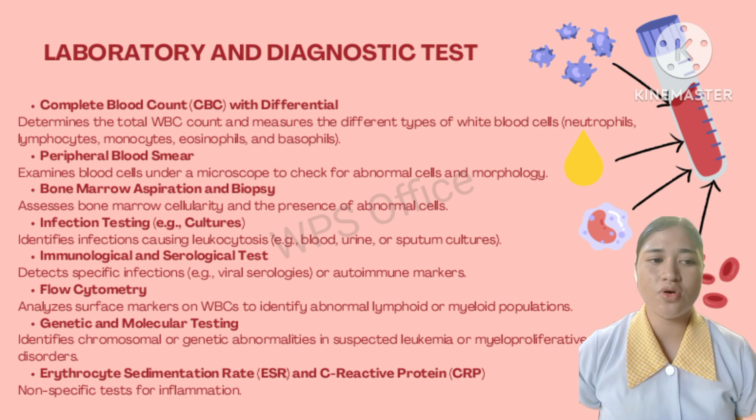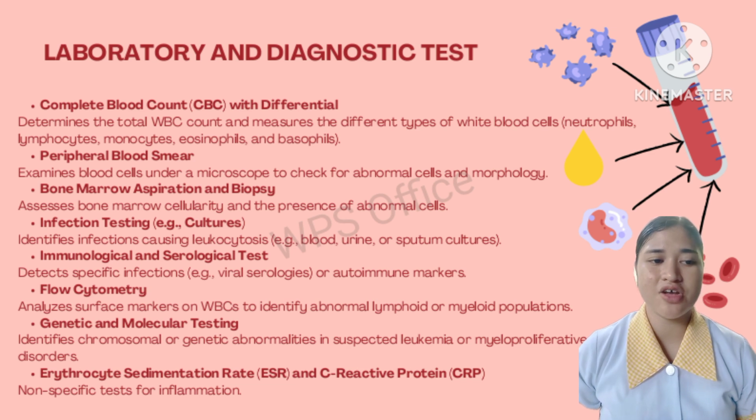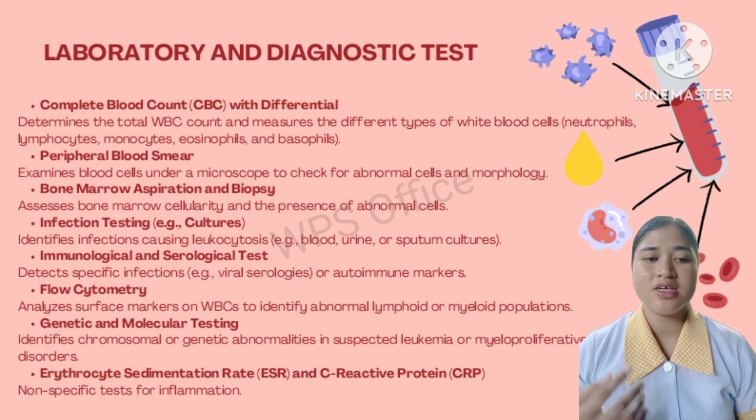The sixth one is the flow cytometry. Helps diagnose leukemias and lymphomas by identifying abnormal cell populations. And then the genetic and molecular testing. It detects mutations, for example BCR-ABL, JAK2, which help confirm specific types of leukemia or blood cancers. And lastly is the erythrocyte sedimentation rate, or ESR, and the C-reactive protein, or CRP.